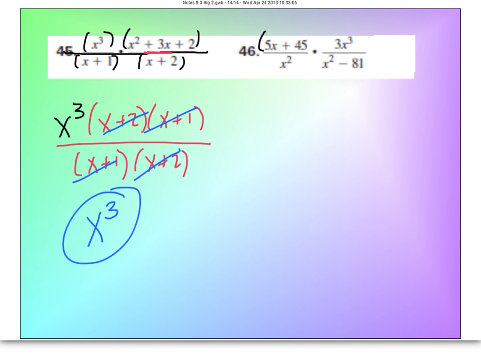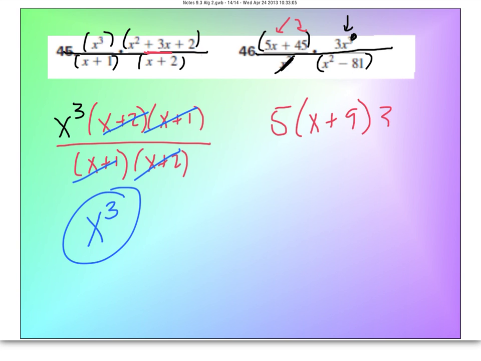The last one, there's a group, and that's a group. I'm going to cross off these x squareds. There's 2 of them there. Here's x cubed. I'm going to get rid of 2 of them, just be left with x to the first. Again, it's one big problem. I'm going to go ahead and pull out of these 2 a 5. Be left with x plus 9. And then the other 3x.